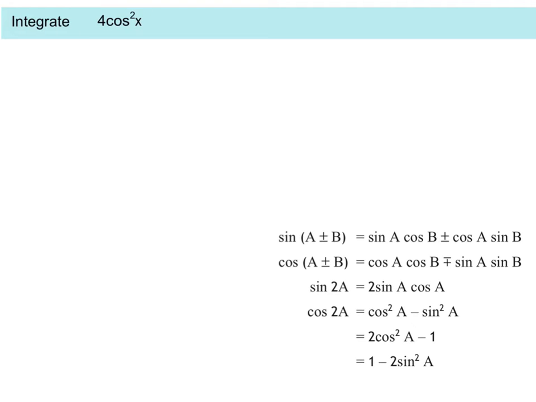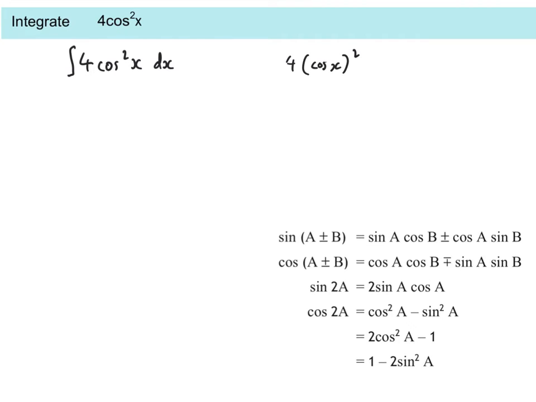Looking at this one here, I've been asked to integrate 4 cosine squared x, and that'll be with respect to x, because x is my variable. If this was a differentiation question, it would be a piece of cake, because I would just set it up as 4 cosine x squared, and I would just hit it with the chain rule.